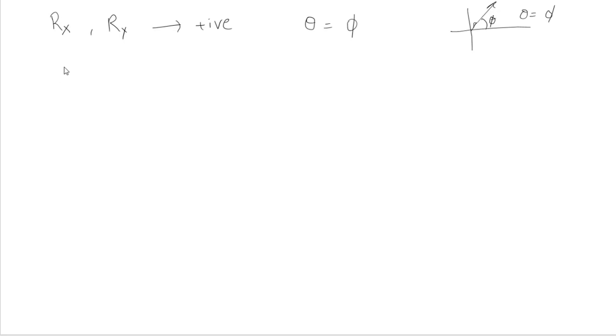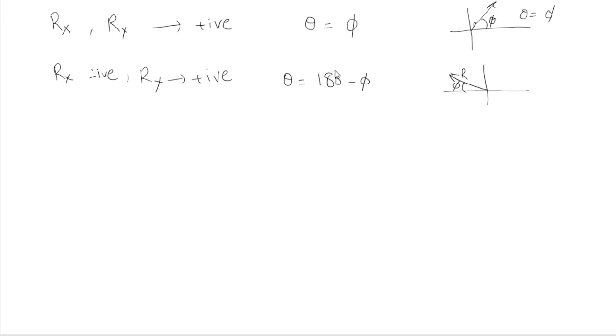But what if Rx is negative but Ry is positive? This is the case when the resultant vector lies in the second quadrant. Here Rx is negative and Ry is positive, and this is some angle phi.